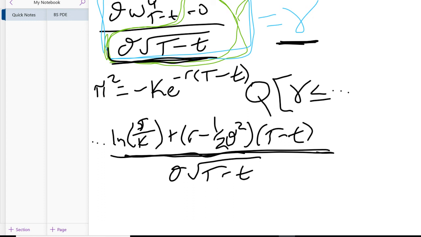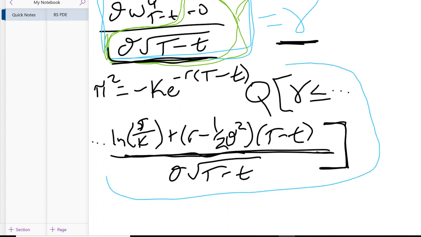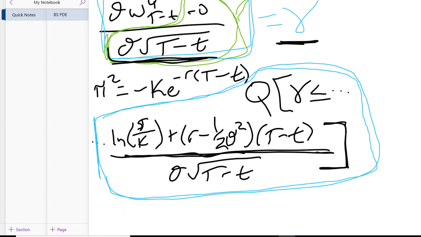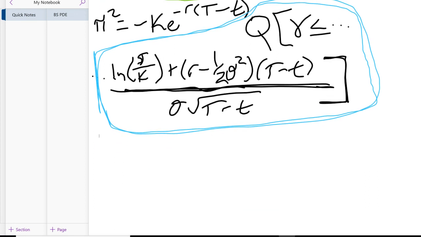Now, if you've seen the Black-Scholes solution before, this should be starting to look very familiar to you. So what do we have with this whole term? Well, we have the probability that some standard normal random variable is less than some number. That's just the cumulative normal distribution function. That's why in standard Black-Scholes this has become known as d2.